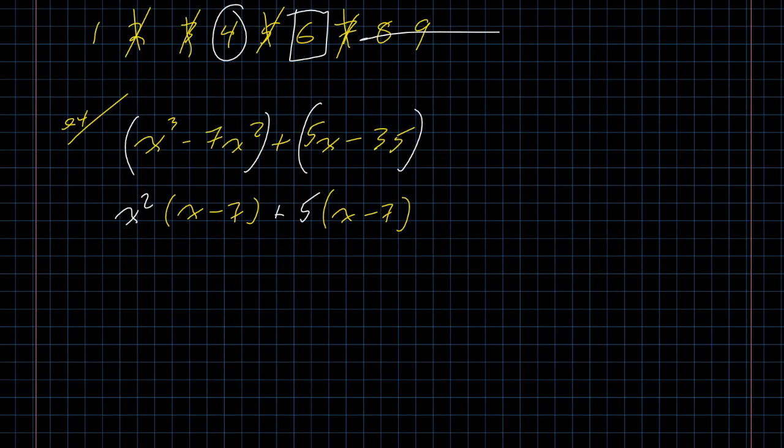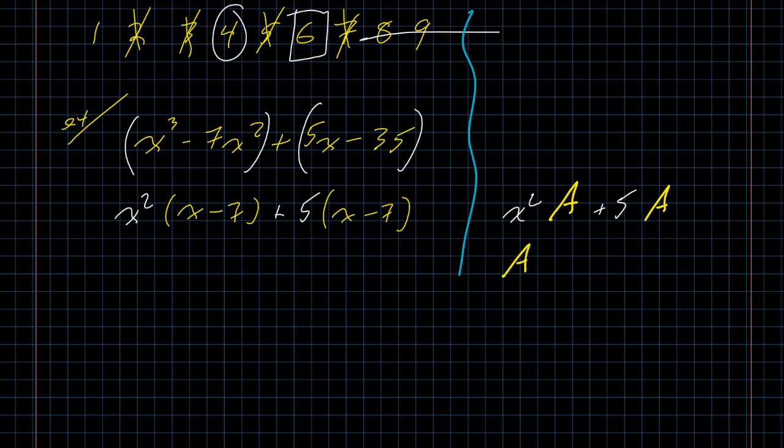All right, but now that we have this, I want to go off to the side for a second and just think about what we're doing. I have x squared times something plus 5 times the same something. I can factor that using the greatest common factor.